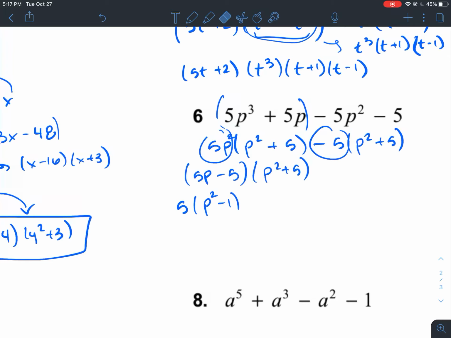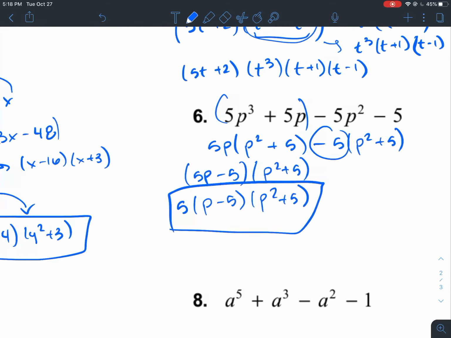Oh, that's where I'm wrong. Right here, I took out a p squared. That's supposed to be, from these two terms, I could only take out a p, 5p. So I only took out 5p. Okay, so that should be 5p right there. So this is going to be 5p minus 5, and then p squared plus 5. And that should be it right there. That's about all you can do.